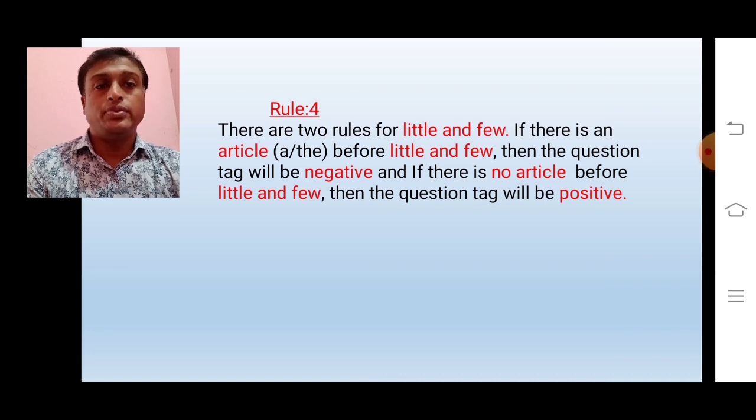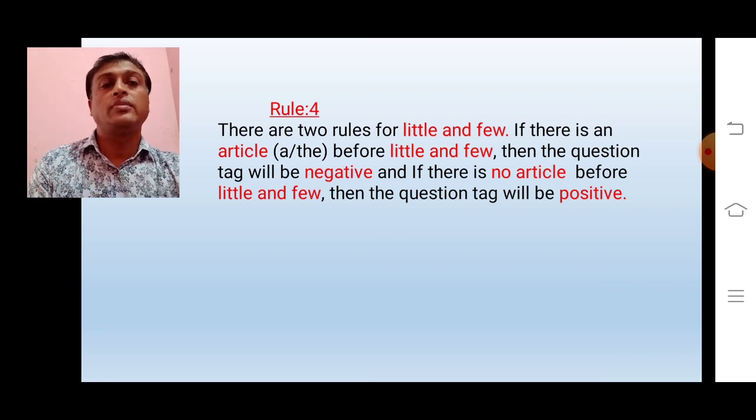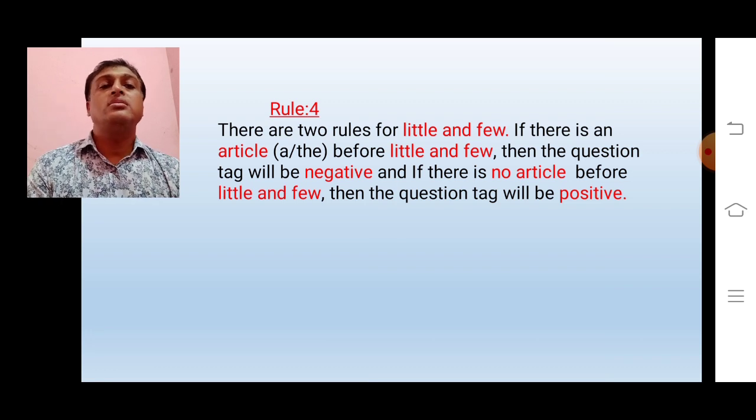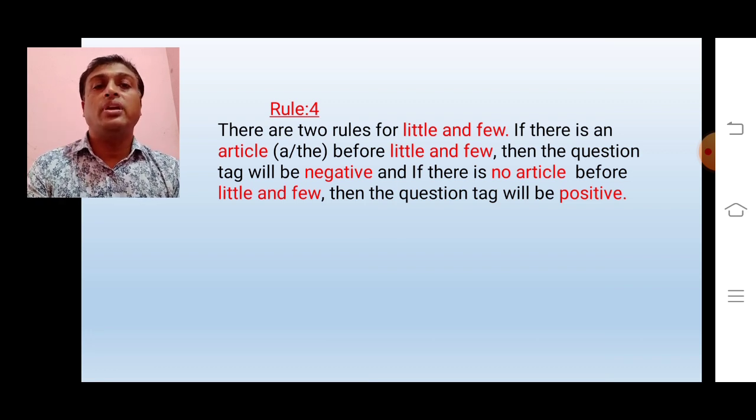Look at this rule. This rule is also about little and few. In the previous slide, we came to know that little and few are negative words. Actually, there are two rules for little and few.